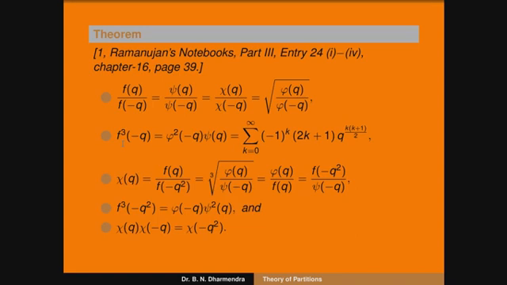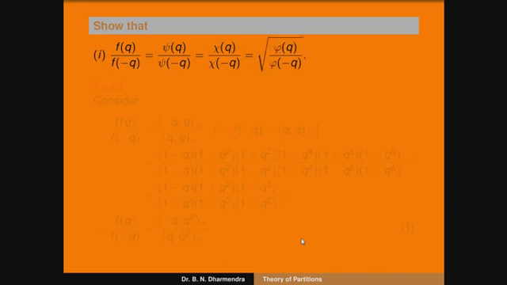We have to prove these one by one. So first we take the first relation. Let's consider, or we can show, that f of q divided by f of minus q is equal to xi of q divided by xi of minus q, is equal to chi of q divided by chi of minus q, is equal to square root of phi of q divided by phi of minus q.